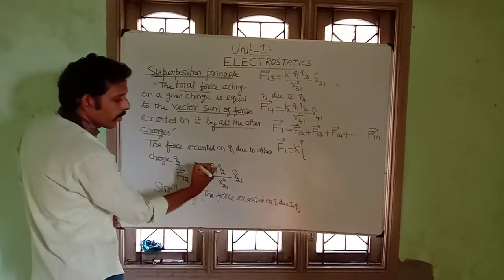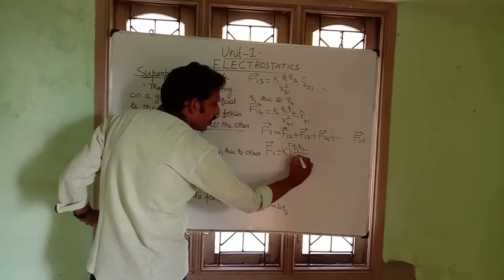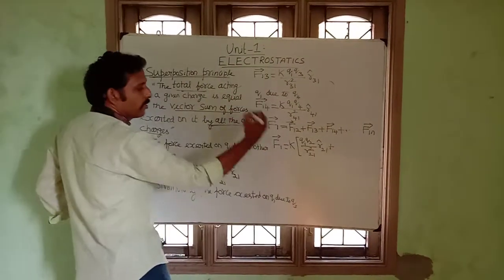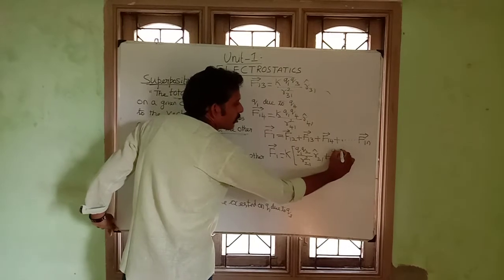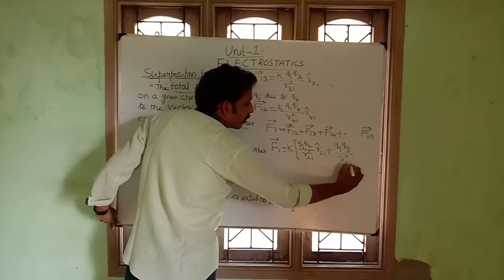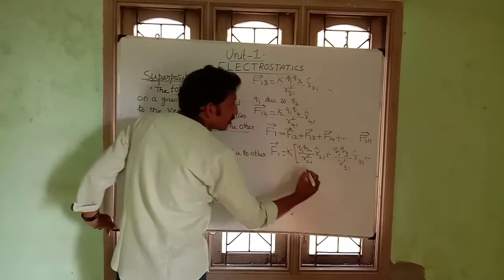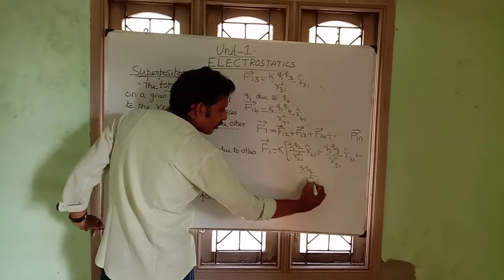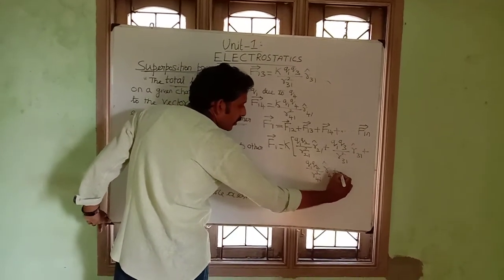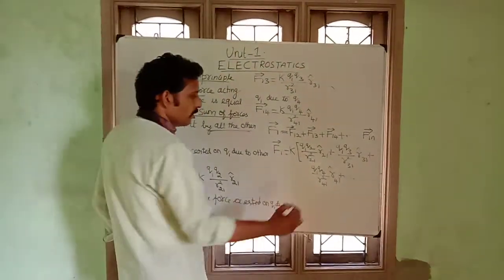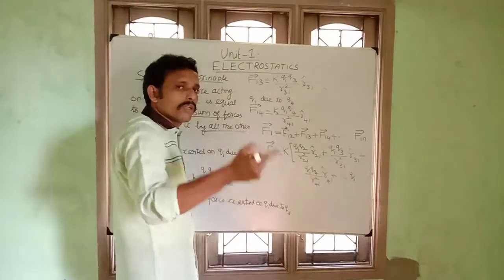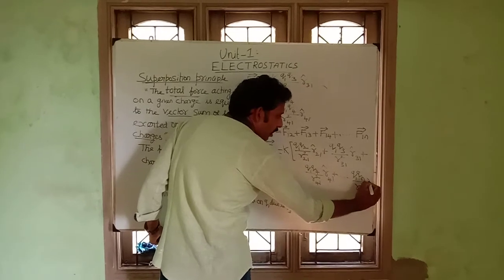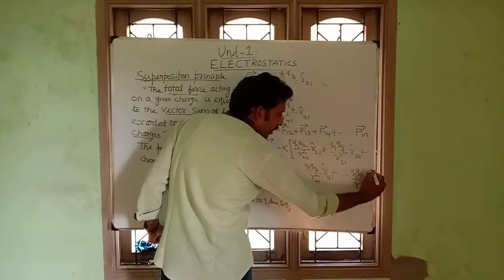Then F vector 1 is K times Q1 Q2 by r square 21 r cap 21, this is our first case, plus Q1 Q3 by r square 31 r cap 31, plus Q1 Q4 by r square 41 r cap 41, plus etc., up to n charges, Q1 Qn by r square n1 r cap n1, where r cap n1 is the unit vector from n to 1.